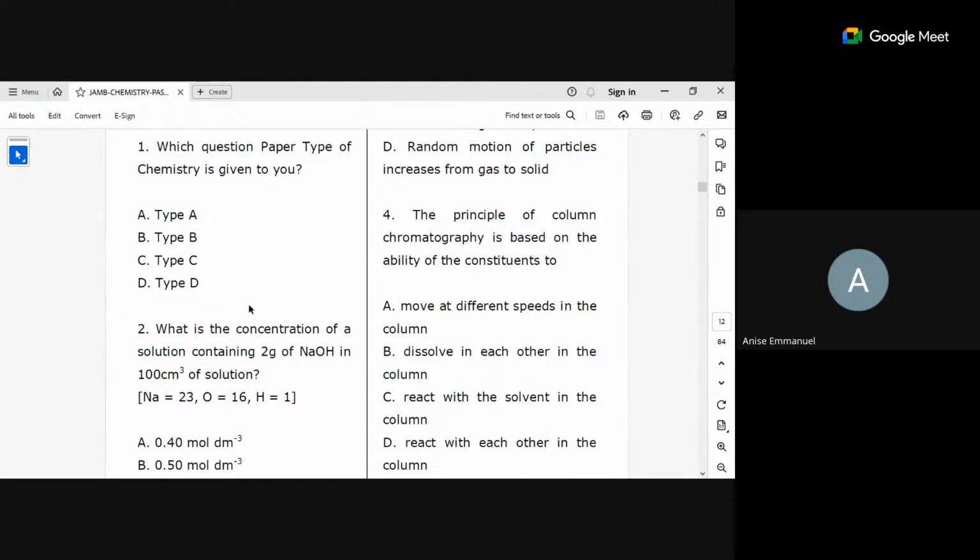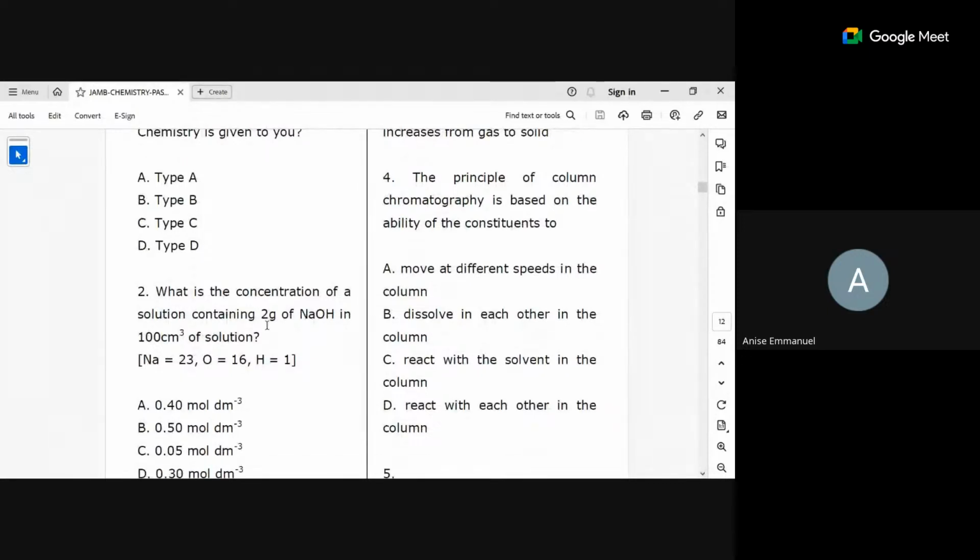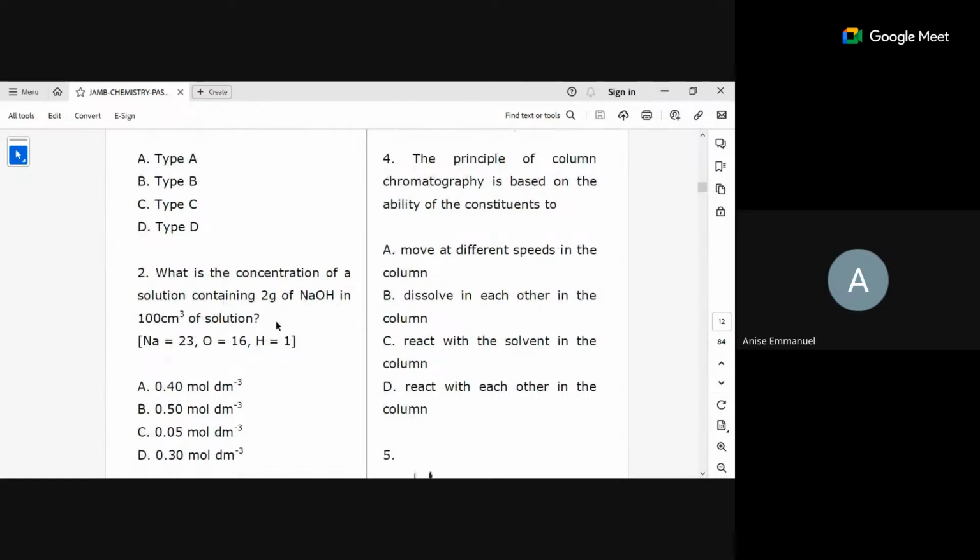If I cannot, I will have to switch to my tab. So what we are going to be doing here is, we've gotten our 2 grams of sodium hydroxide in 100 centimeter cube.